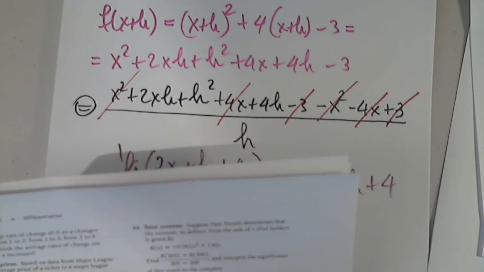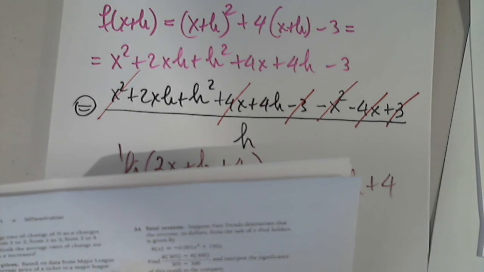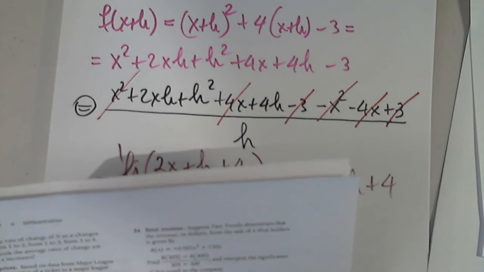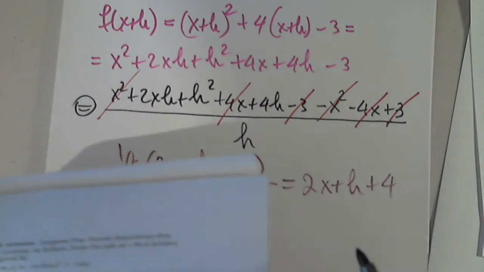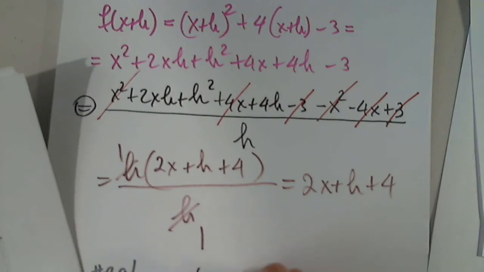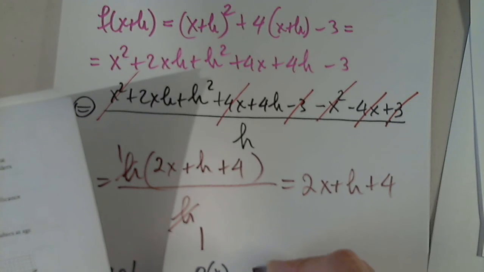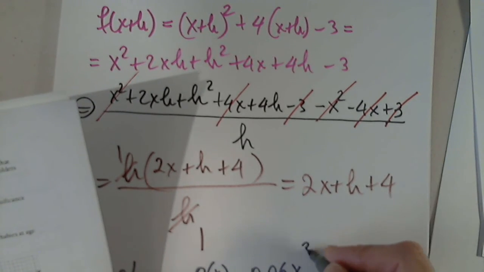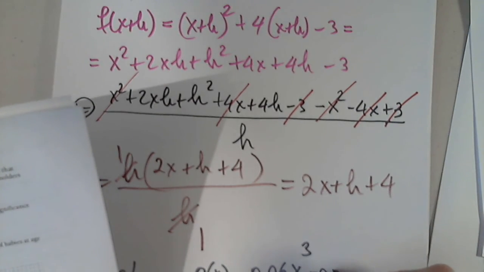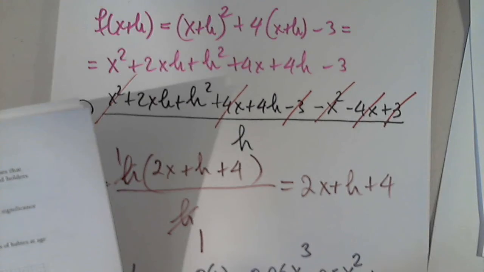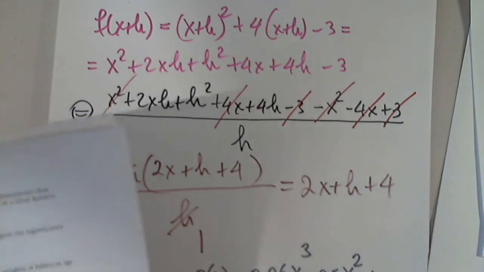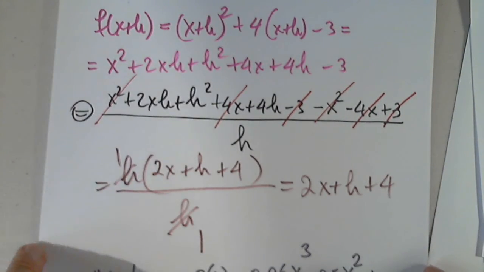Yes, ticket prices, baseball ticket prices. Based on the data, the price of a ticket to a major league game can be approximated by P of x equals 0.06 x cubed minus 0.5 x squared plus 1.64 x plus 24.76. Let me know if I copied it correctly.